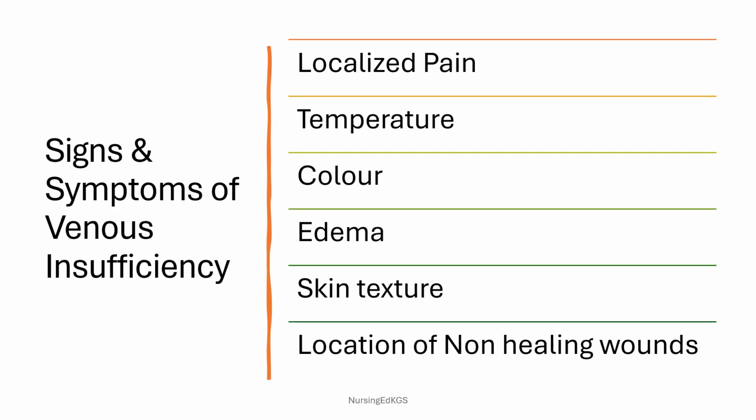Venous insufficiency can result in different symptoms, such as localized pain, temperature changes, a change in the color of the skin, swelling, changes in skin texture, as well as the location of the non-healing wounds or ulcers that do come about.